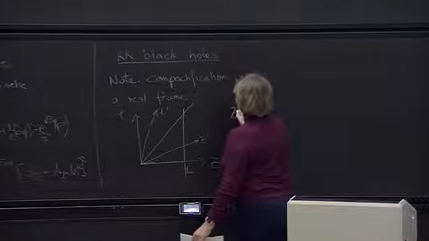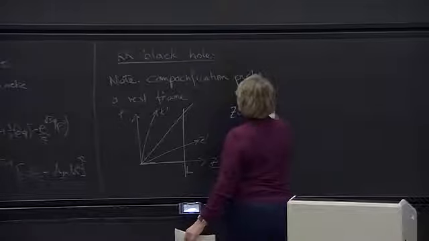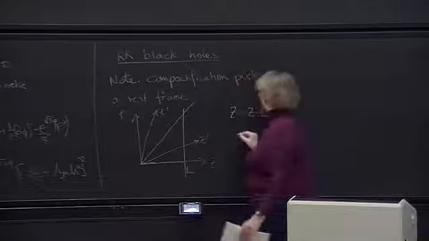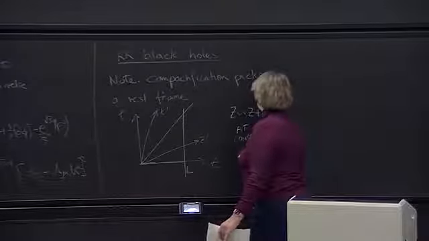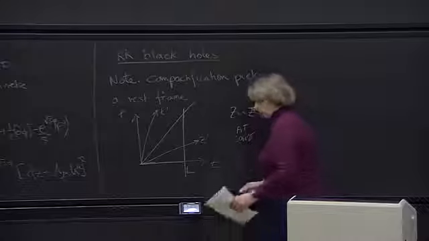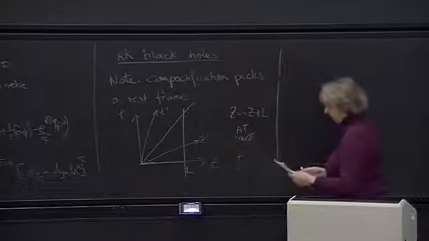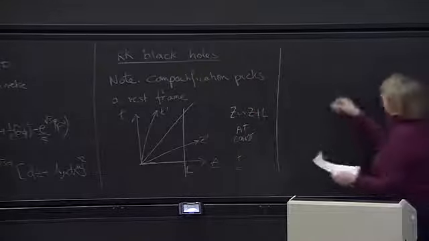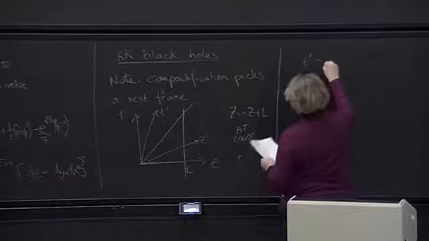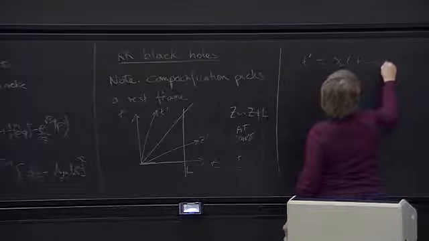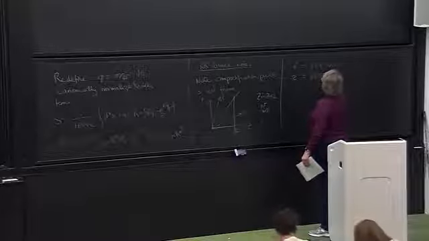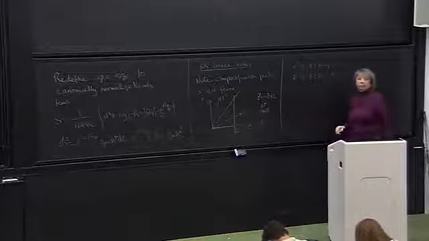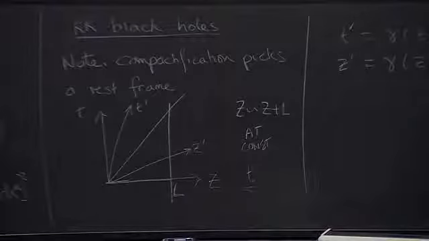So Z is identified with Z plus L at constant T, and that's the key thing. If I do a Lorentz transformation, this is my Lorentz transformation for T primed and Z primed.